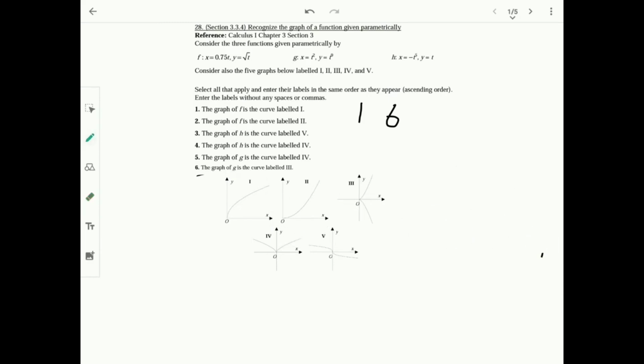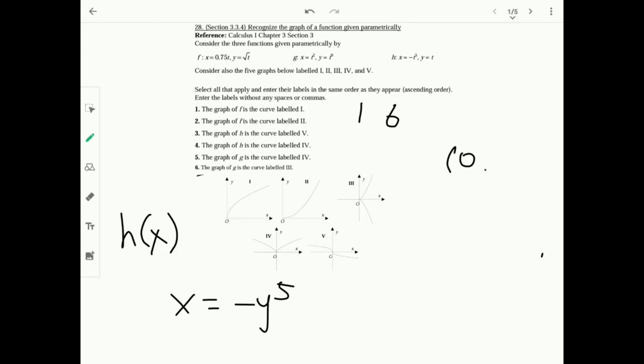Okay, h of x now. x is equal to minus t to the power of 5, y equals t. Since y is t, then x is equal to minus y to the power of 5 immediately. Now again, if you want to find the derivative, take critical points and so on, you can do that. But a much easier method would be to just take a few points.